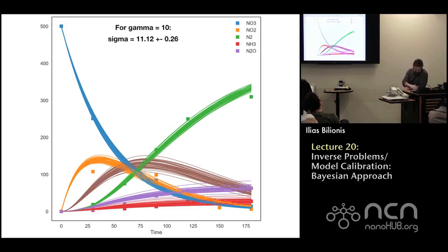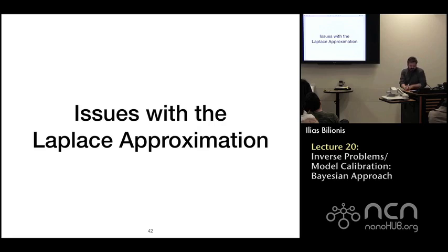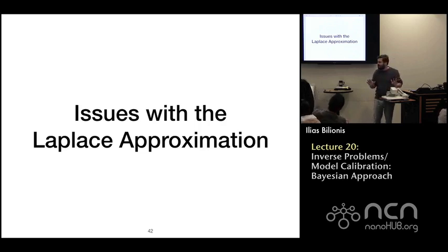All right. There are some issues with the Laplace approximation that remain. And of course, let me just be blunt about it. There are absolutely no issues with the Bayesian approach to inverse problems. Absolutely no issues. It is the right way to solve inverse problems, period. Okay? Of course, it's not easy to apply. That is its problem. Okay? That it is not easy to apply.